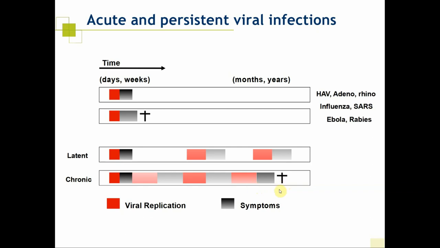It can lead you to die from a chronic infection. For example, the herpes viruses, herpes simplex virus and Epstein-Barr virus, are the classic latent viruses. You catch them when you're a child, and you'll probably be latently infected for the rest of your life. You don't get rid of these viruses.